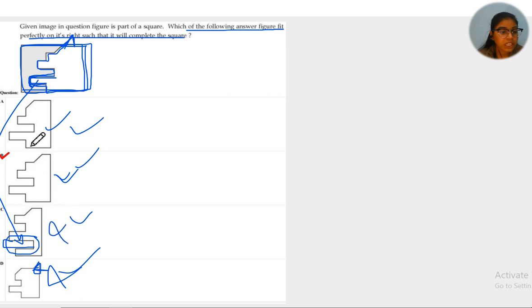Now we are left with A and B. As you can see, here is the difference between A and B. It is creating a staircase part, and here you can see it is a slant. So here we have a slant part, but after that we are not going downwards, we are going leftward to fit. See as in this option, this is your slant. After that, we go to the left side, and then again we go down. So this is your correct answer, which is option B.